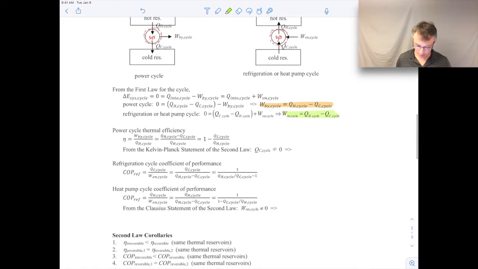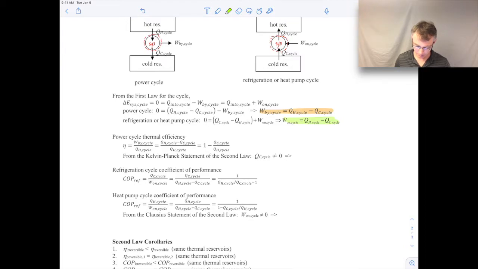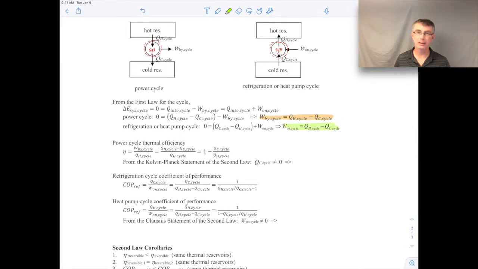And we've defined measures of thermodynamic performance for the power, refrigeration and heat pump cycles. The reason we do these definitions of performance is because, number one, we could calculate what the best performance would be, like in an ideal situation, what's the best thermal efficiency or the best coefficient of performance.